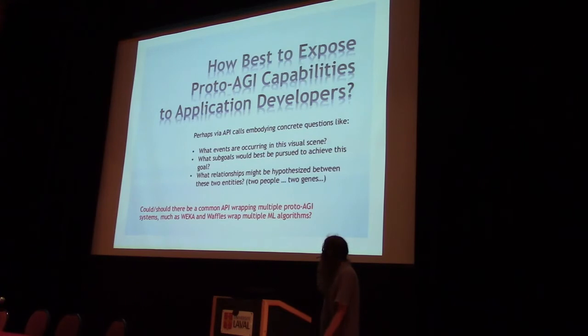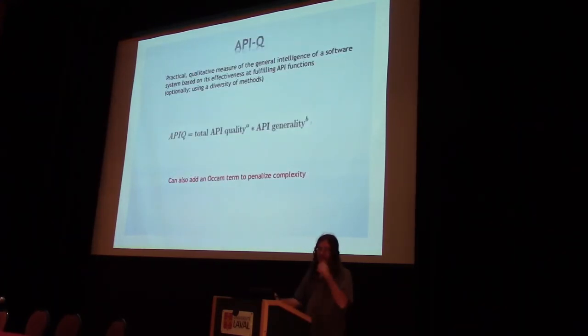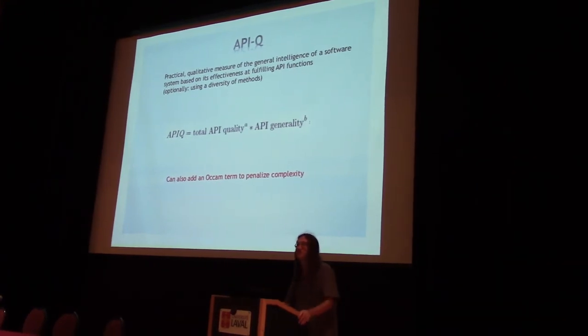It would be vaguely like toolkits like Weka or Waffles, which wrap up loads of supervised learning and clustering algorithms behind a common API, and which can be easily extended by people who plug new learning algorithms inside them. I think something like this would be very useful to have, and also would be motivational to people building systems, in that it would give you more reason to make your system answer the useful questions that are encapsulated in the API, because it would bring users.